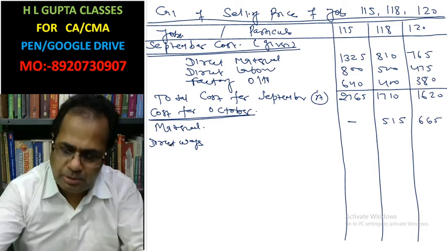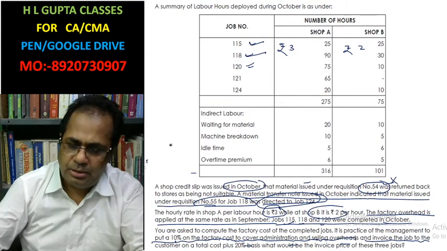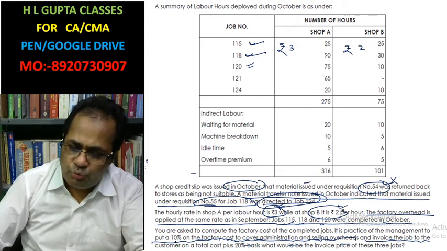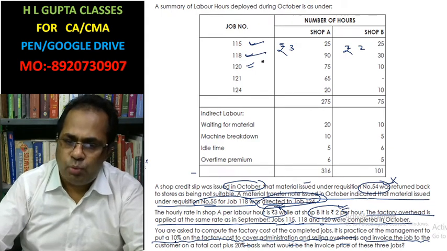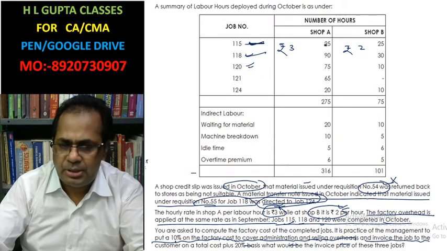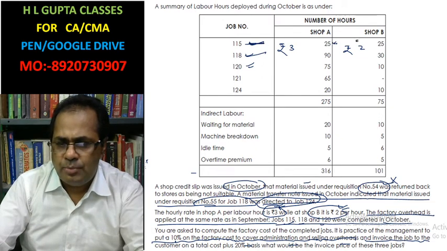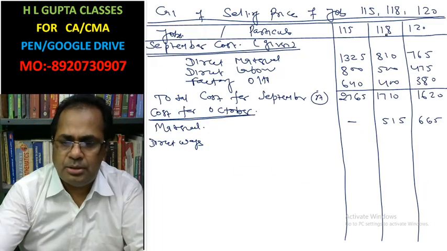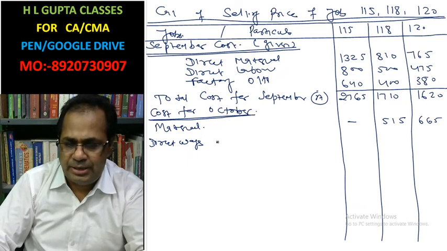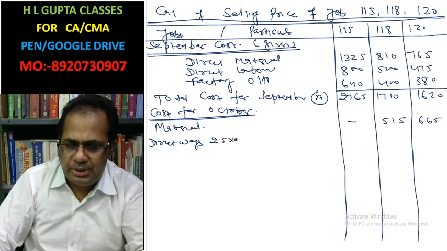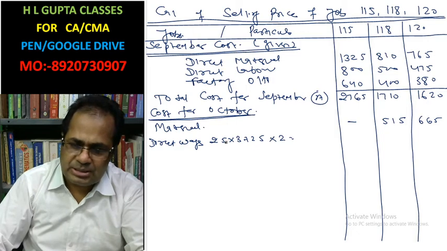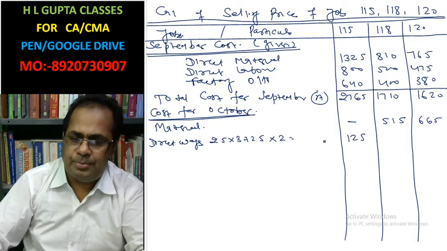Direct wages, please try to see here. Direct wages rate is rupees 3 for shop A and rupees 2 for shop B, and for job 115 it is 25 hours for shop A and 25 hours for shop B. In this case you write 25 into 3 plus 25 into 2, this is 75 plus 50, 125.